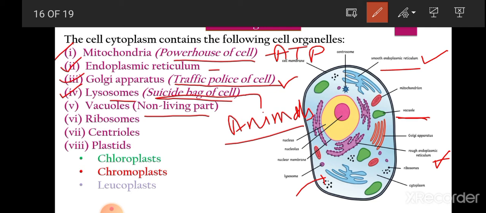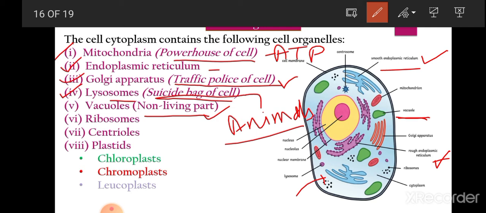But one very important thing about the vacuole is that in plant cells only one central big vacuole is present. In plant cells you will get only one vacuole, a central big vacuole. In animal cells, vacuoles are generally absent, and if they are present, then they are present in many numbers and they are very small in size.